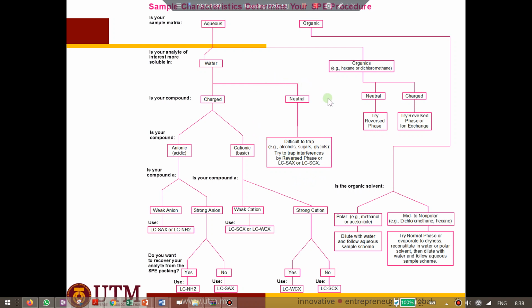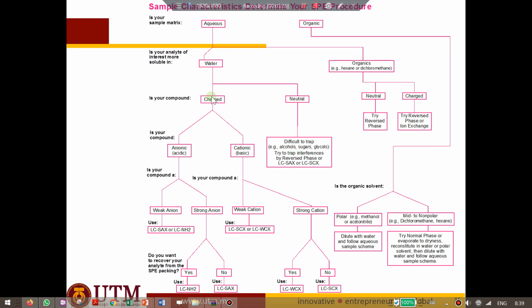Okay, I mentioned before this, if it is in aqueous, if your analyte is more soluble in water, I think the best one is not the reverse phase. So you need to use a normal phase if you want to retain it. If you want to use the reverse phase, maybe you need to use the mid polar. I'm not sure whether SAX or SCX is mid polar or polar or non polar.